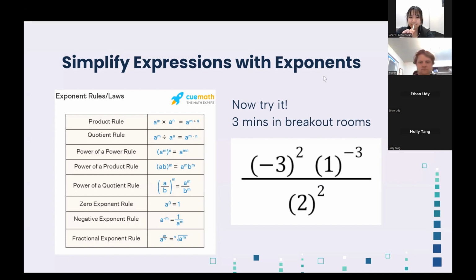Honestly, I'm a little lost with these ones. I can't remember how to do them. I've been studying the other stuff. I haven't quite got to this part of the textbook yet. But I still gave it a shot. I still have -3 to the 2nd power over 2 to the 2nd and 1 to the 3rd. I got 9/4.